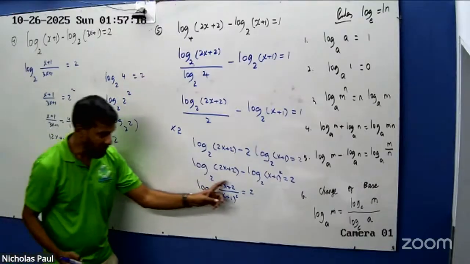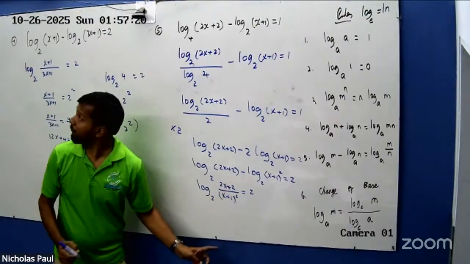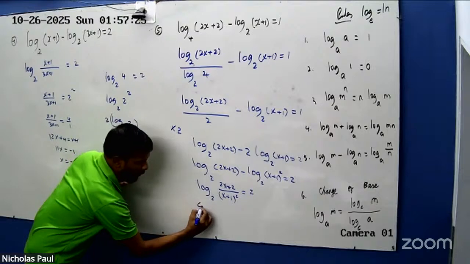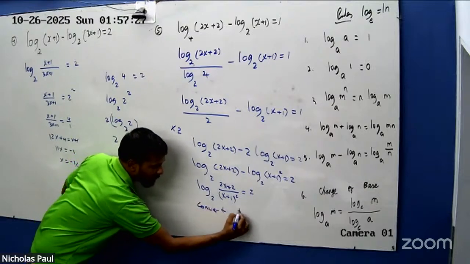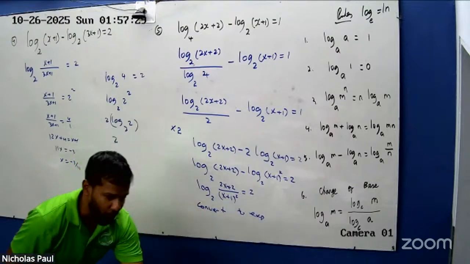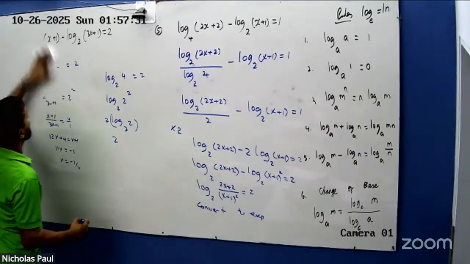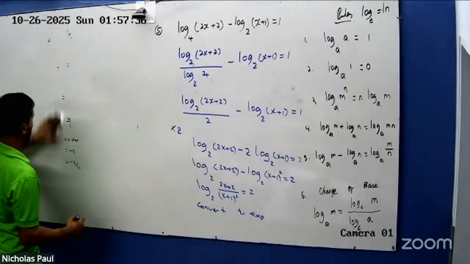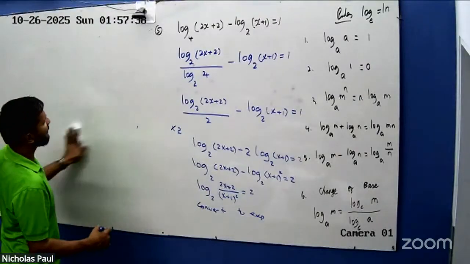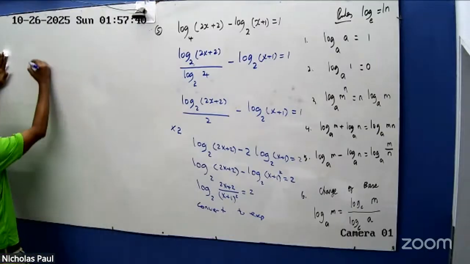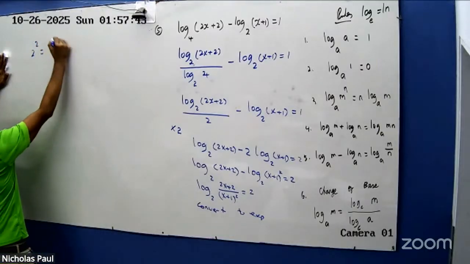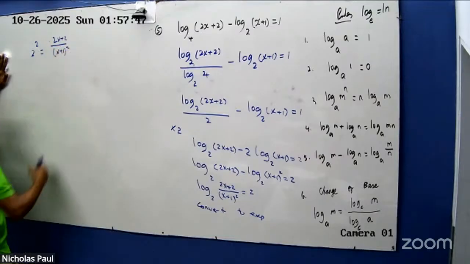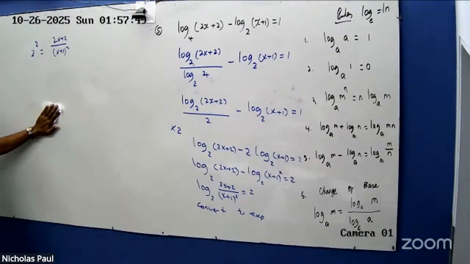So we're going to convert to exponential form, and we'll get 2 squared is equal to 2x plus 2 over x plus 1 squared. Everybody okay with that?